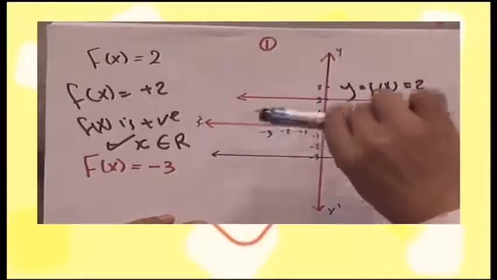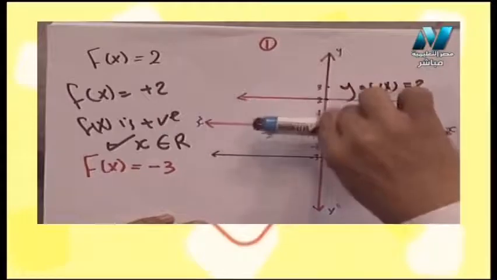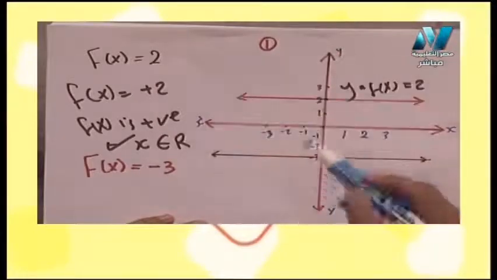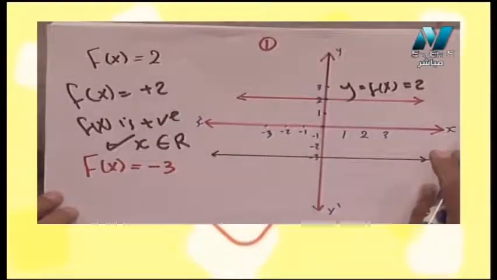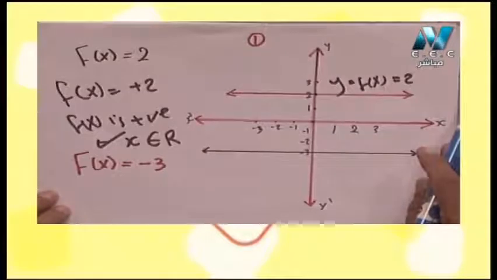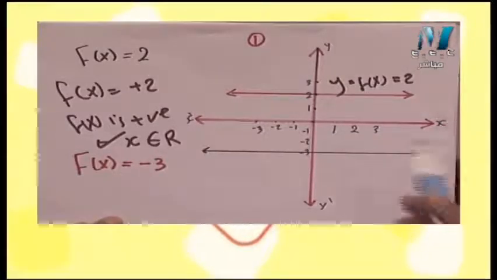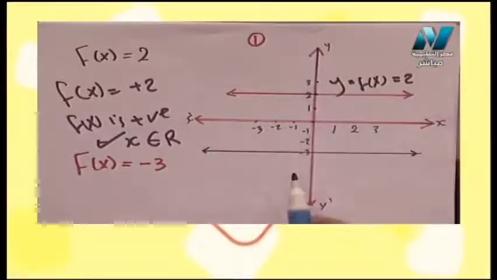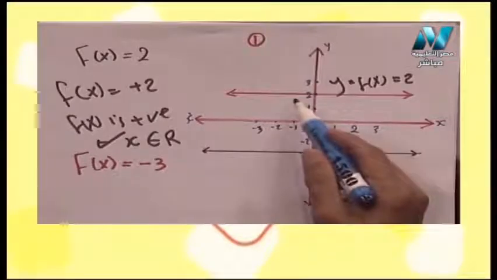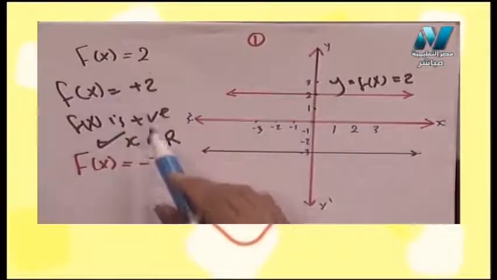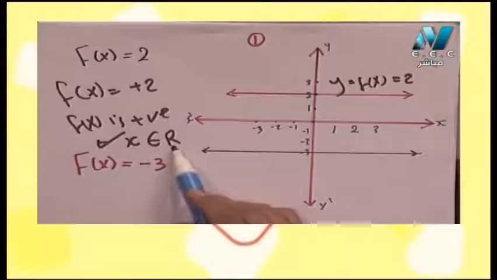So it is above the x-axis. All y here, which is above the x-axis, is positive. So the function f(x) equals 2 is positive in its domain, which is x belongs to R.